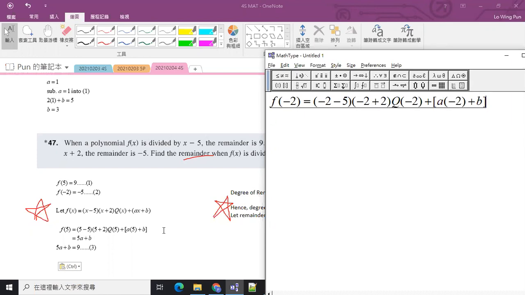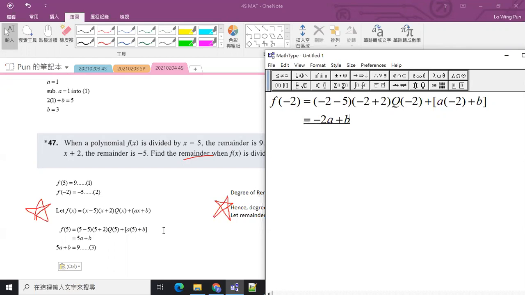I don't care what q negative 2 is, because it is already multiplied by negative 2 plus 2, which is 0. So this big term becomes 0. So what is remaining here should be just negative 2a plus b. And this is our f negative 2.